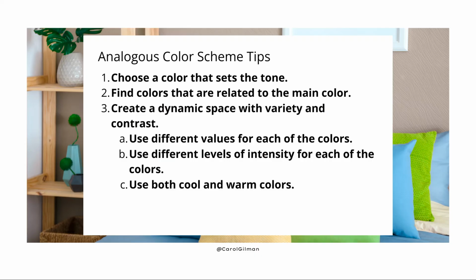And the other thing that you can keep in mind, because we're working with 2 or more colors, is thinking about color temperature. And color temperature is how we perceive a color to be either on the warm side or on the cool side. So one fun thing you could do is work with both warm and cool colors.